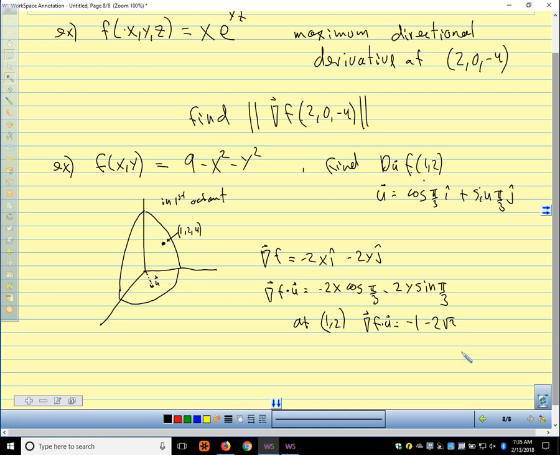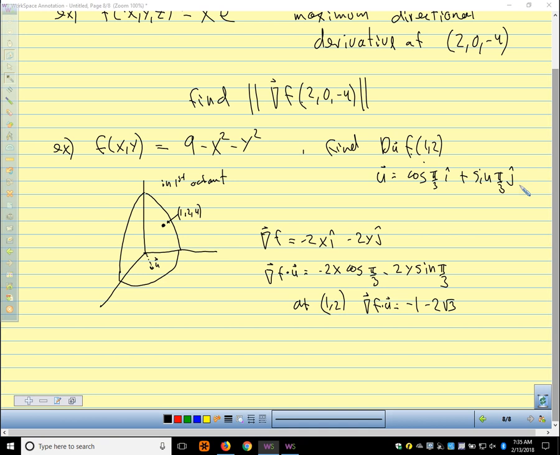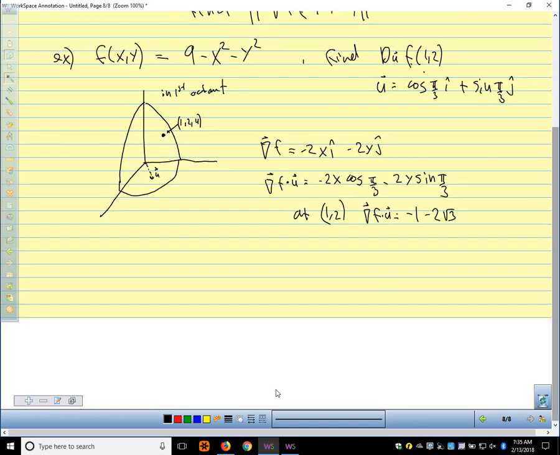What is the direction of no increase? First, maximum increase. The direction of maximum increase is del f at 1, 2, which is minus 2 i hat minus 4 j hat.